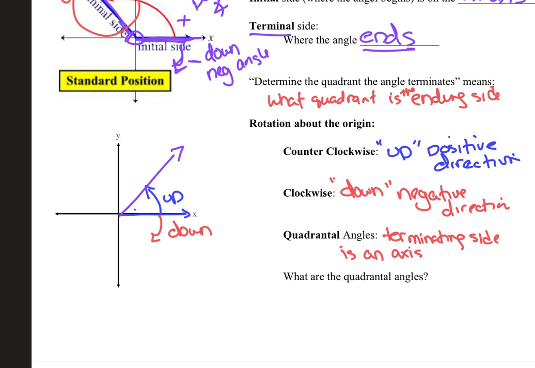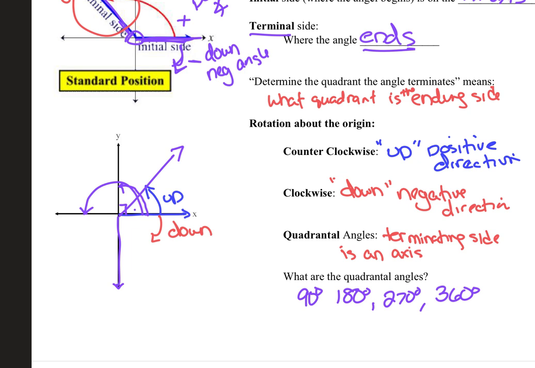If I start here and I go up to the y-axis, that is a right angle. So that angle at the y-axis is 90 degrees. So the first quadrantal angle is 90 degrees. And then if we went to here, that's 180 degrees. And then 270 and 360, of course. So 270 would take you to the negative y-axis, and 360 would be a full circle all the way around.